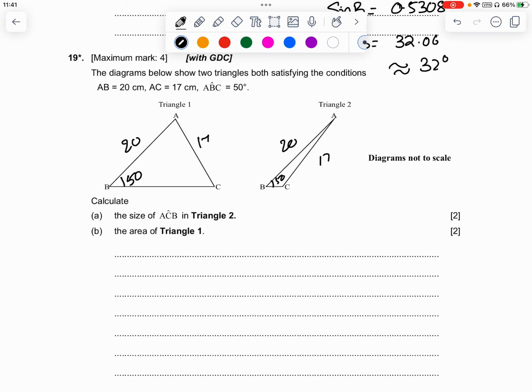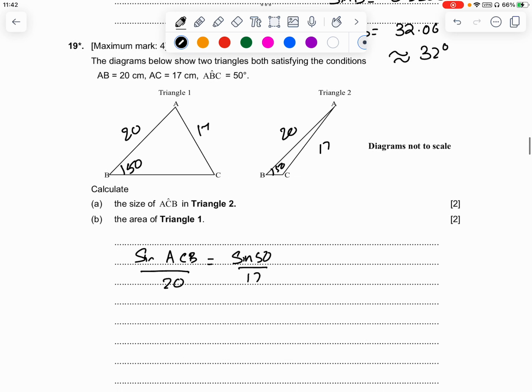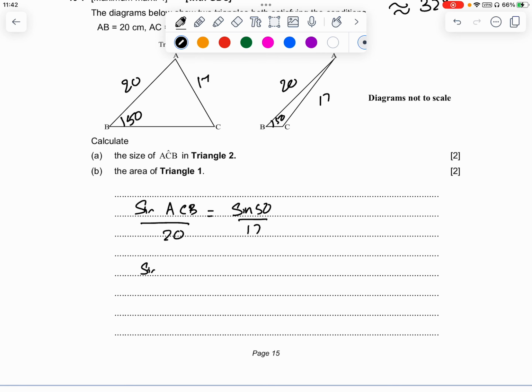So sine ACB upon 20 equals sine 50 upon 17. From here, sine ACB equals 20 times sine 50 upon 17, which is going to be 0.901.